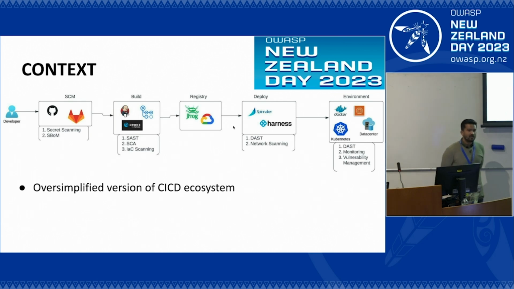So just to set the context, let me start with a very simple version of the overall CI/CD ecosystem and how it works. For any software developing organization, there is a set of code which is developed by the developers, which is stored in a central location. We call it SCM, Source Code Management Platform.